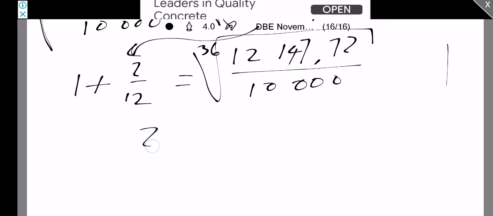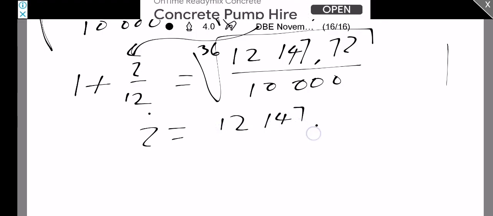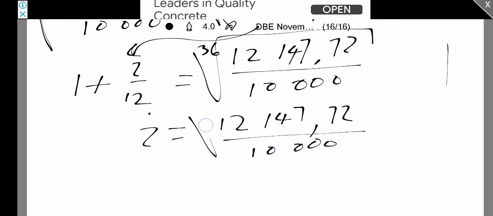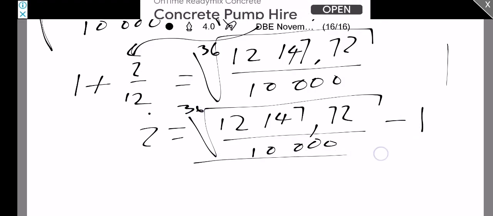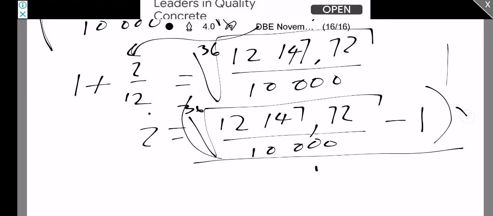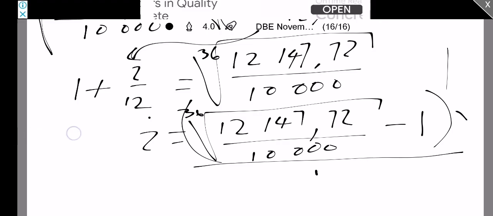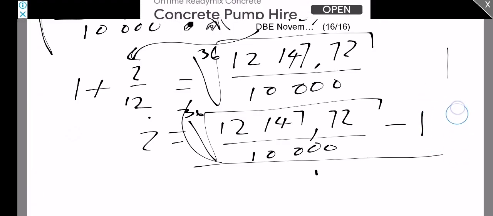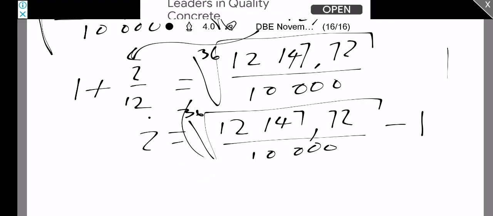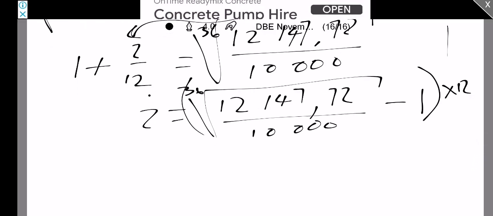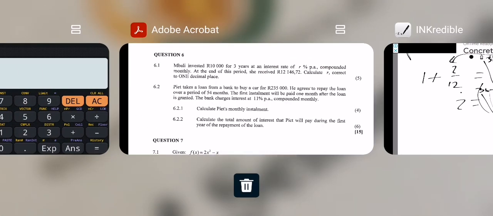I is going to give you the 36th root of 12,147.72 over 10,000, minus 1, all of this multiplied by 12. Let's punch this into a calculator.